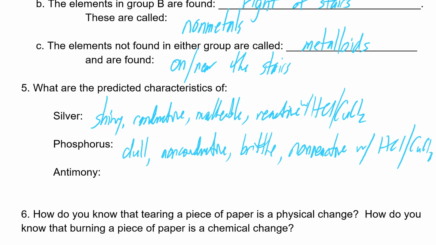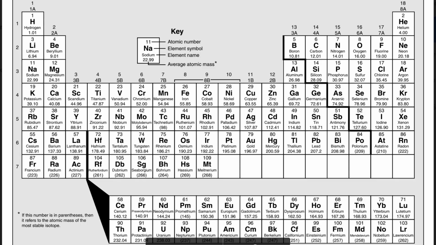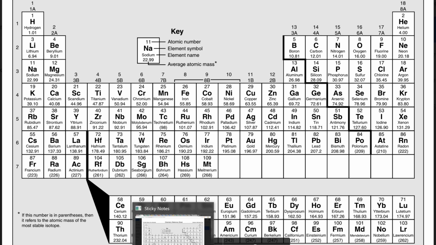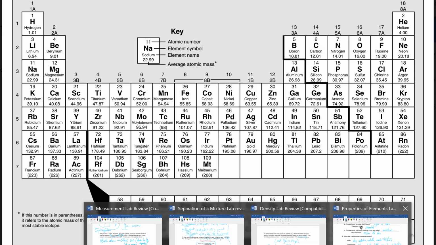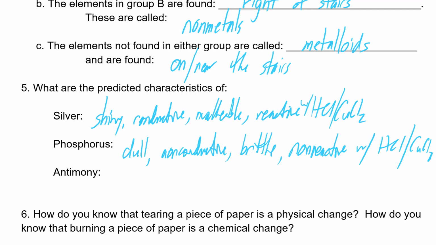Now for antimony, look at antimony. Antimony is SB. We can see that antimony is number 51, and it's right next to the stairs. So we know if it's next to the stairs that it's going to be a metalloid. So the whole idea is that you pick characteristics that are a mix of the two, a mix of metal and non-metal characteristics.